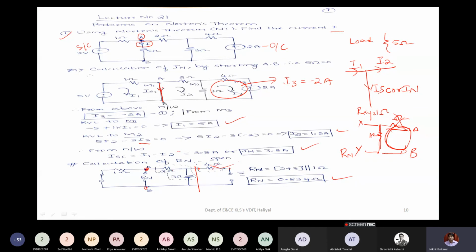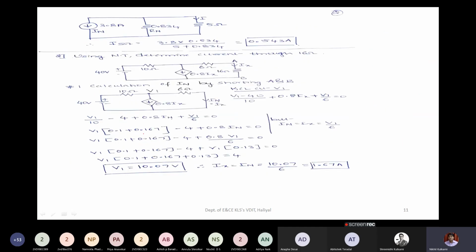So what you get is 2 and 3 in series, and that combination in parallel with 1 ohm, right? If you do that, you will get this Rn. Next, if you substitute the Norton's equivalent network, what you will get is IN and Rn, but what we want is the current through 5 ohms.